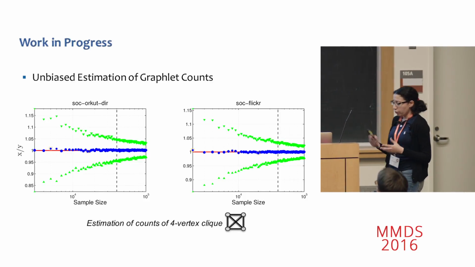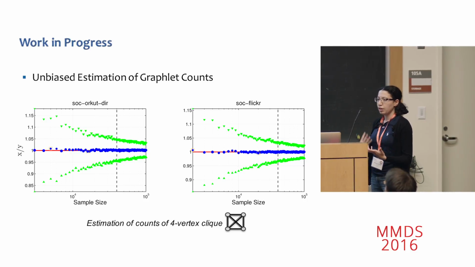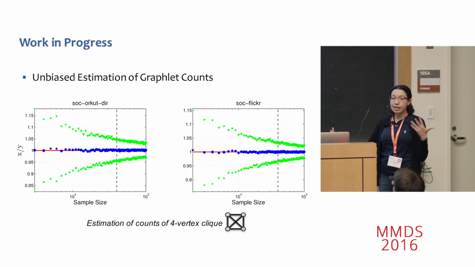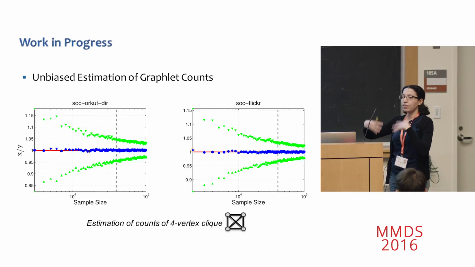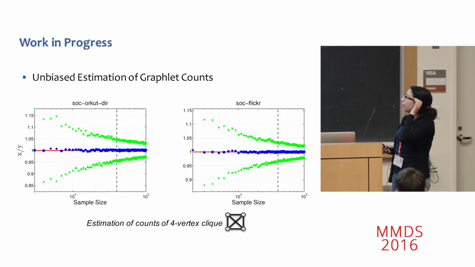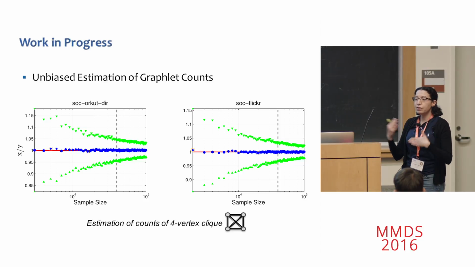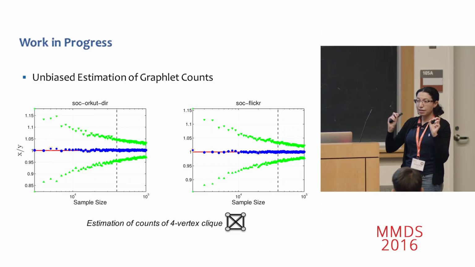Another thing that is also very useful is what's called unbiased estimation or approximation methods for graphlets. No matter how much you try to scale your algorithm, even if the algorithm is scalable, when you increase the size of the graph, you could still get more delays. So one of the ways to speed up things even further for massive graphs would be to try to estimate them.